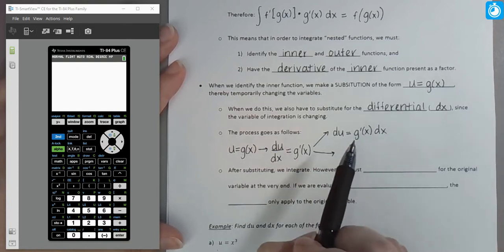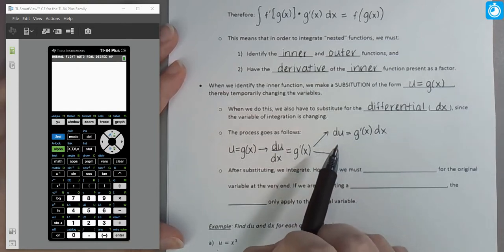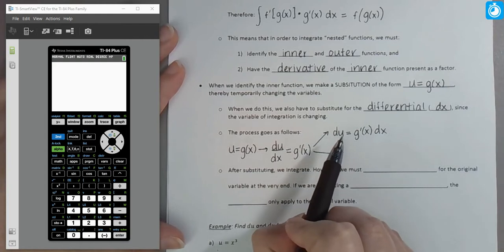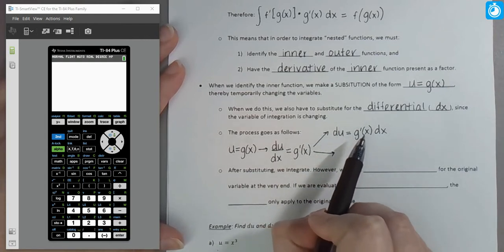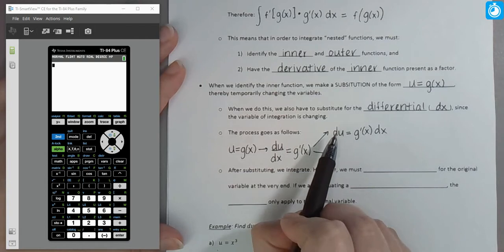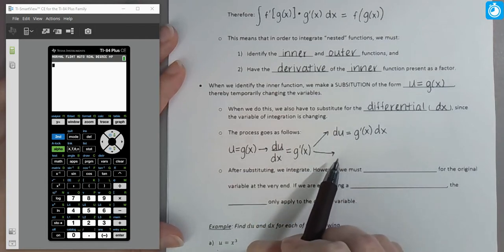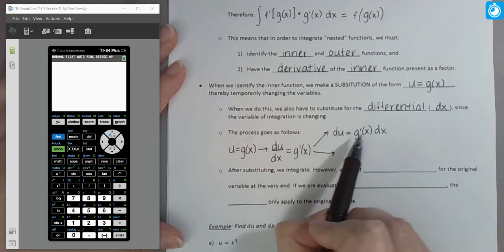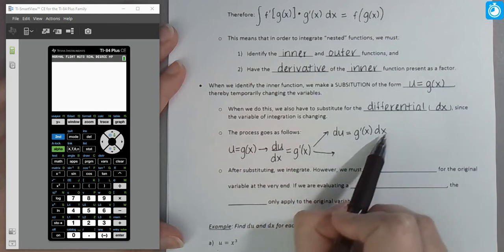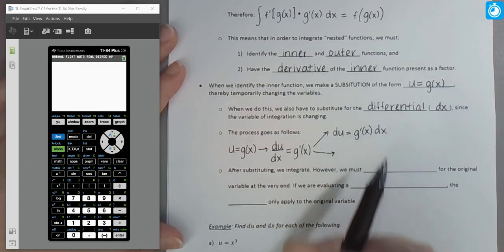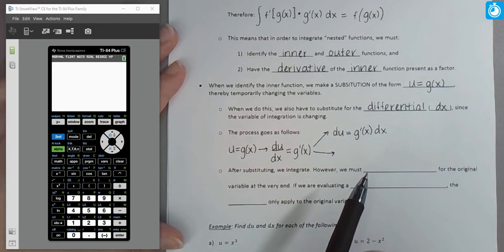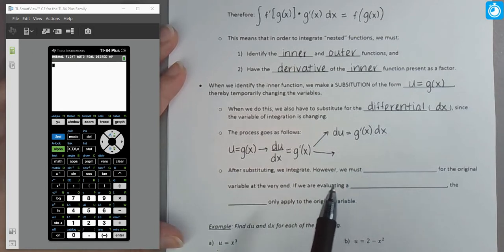Now, a lot of textbooks, potentially our textbook, will have you substituting in this manner. In other words, finding g prime of x dx and directly replacing it with du. Now, another strategy is if you were to manipulate this expression and solve for dx instead, you can just directly replace dx, and it's going to work out the same way, but in some ways the substitution may be a little bit simpler for you.